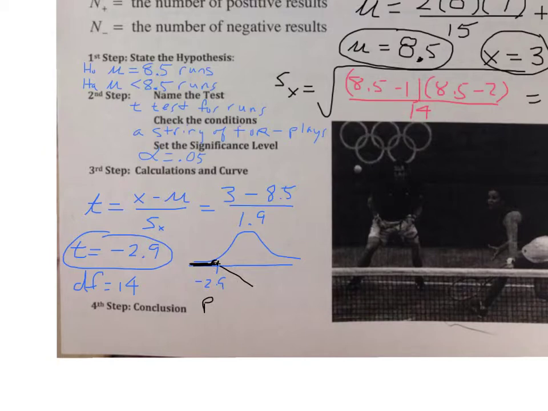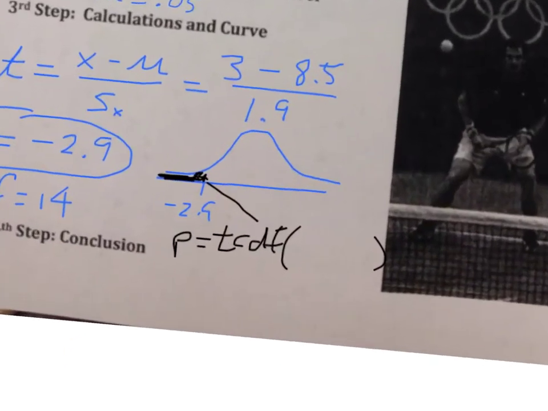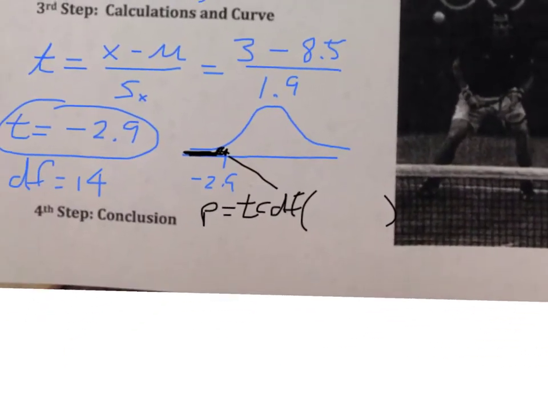We figure out the p-value by doing TCDF, just like before, with 3 numbers. So to finish this thing off, it'd be TCDF with what 3 numbers? To figure out the area under this t-curve, it'd be negative 1,000 up to negative 2.9 with a degree of freedom of 14.